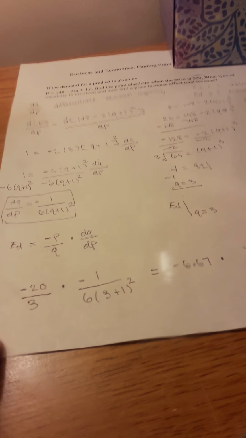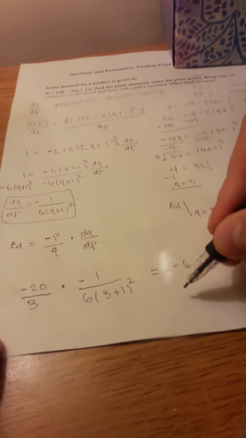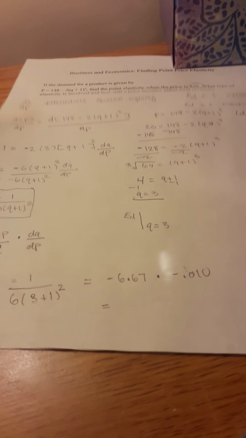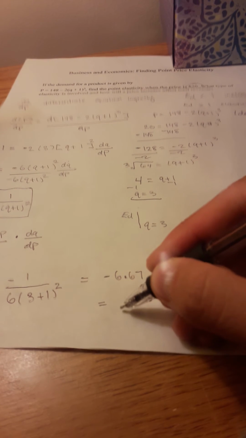And we get negative 0.010, which then reduces down to 0.069.